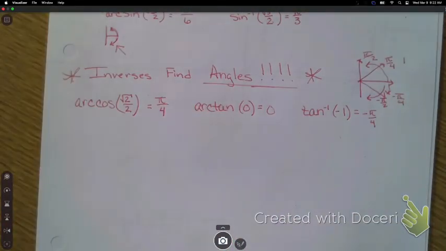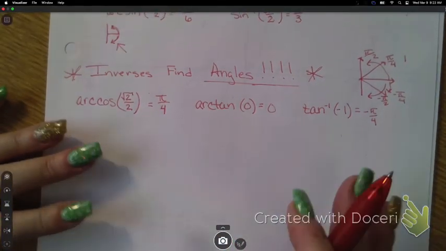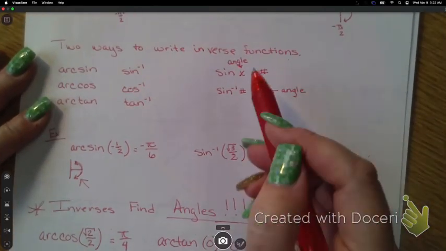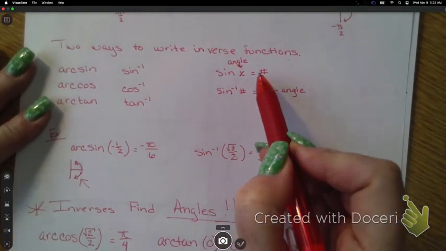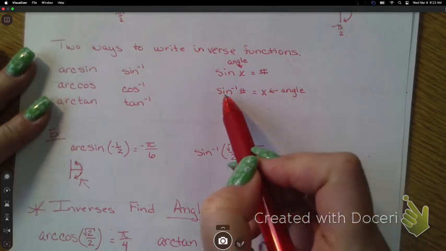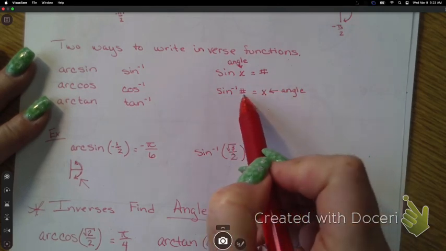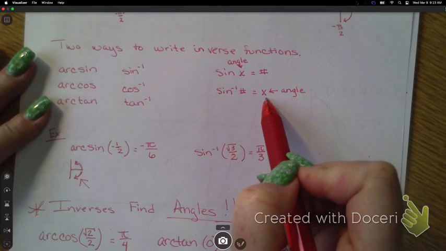Okay, so remember that inverses switch the range and domain, right? So sine of an angle gives me a value. So the inverse sine of a value gives me an angle.